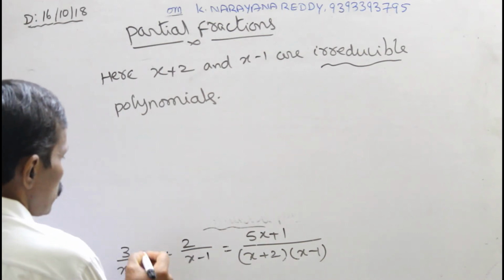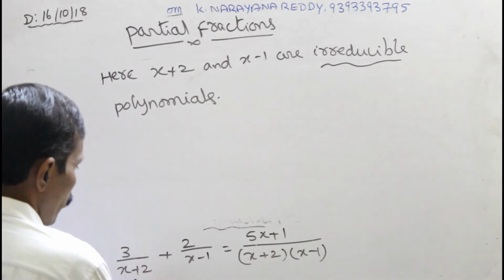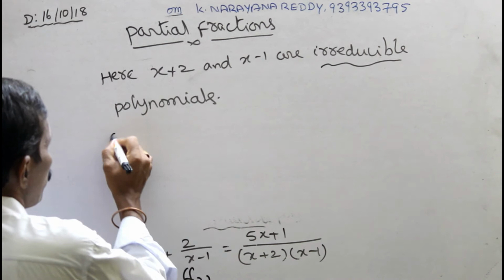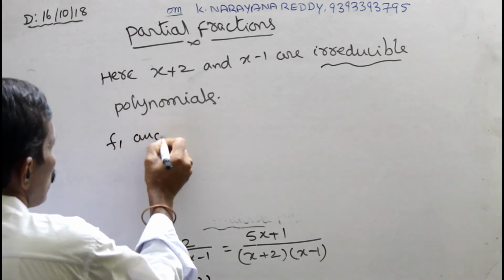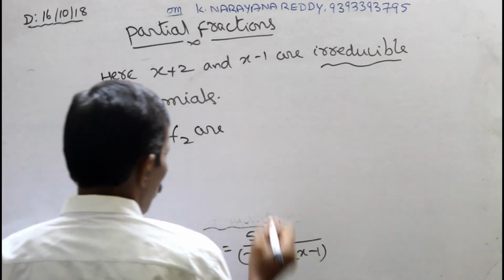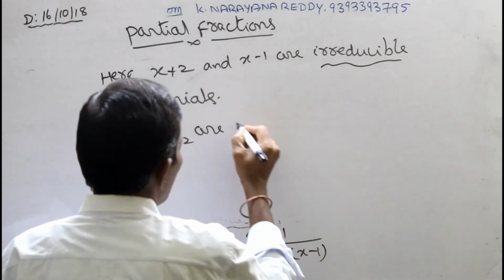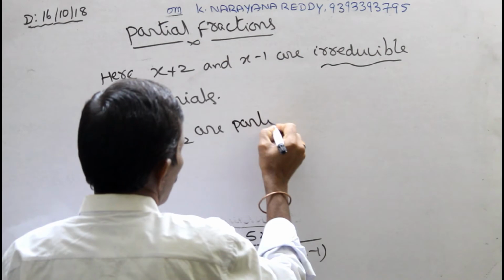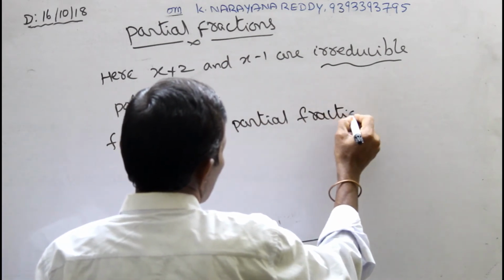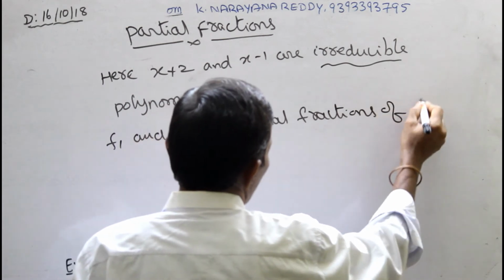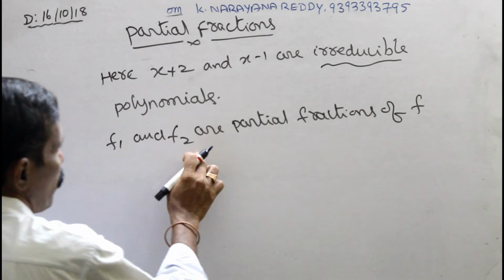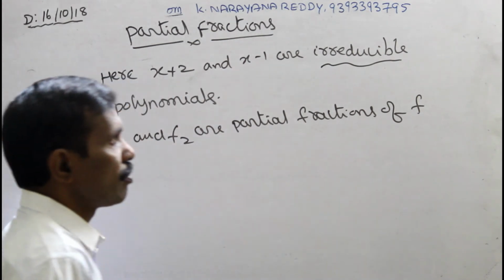Suppose I take this one as fraction 1 and fraction 2. f1 and f2 are partial fractions of f. That's the simple meaning.